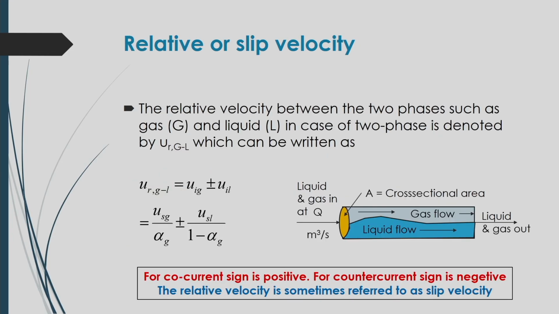Now, another important velocity by which you can express the process is called the relative or slip velocity. If gas and liquid both are flowing through the pipe, maybe the gas will have higher velocity relative to the liquid velocity. So, what should be the relative velocity?